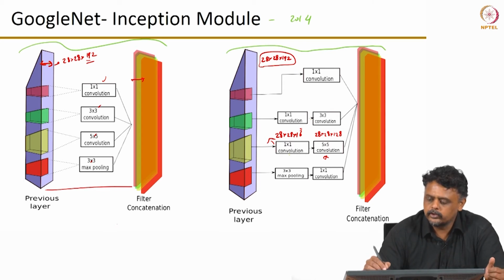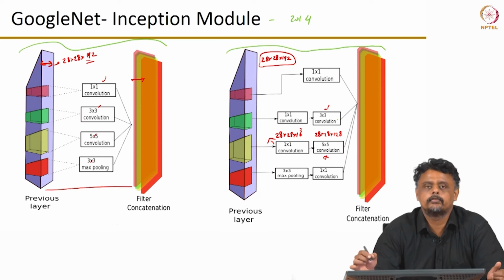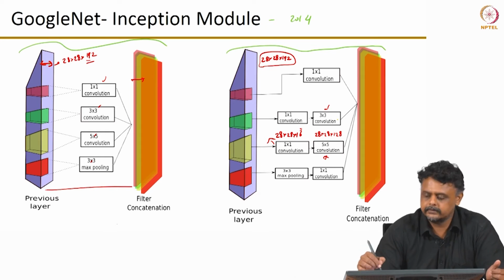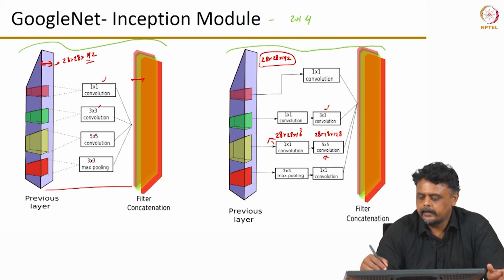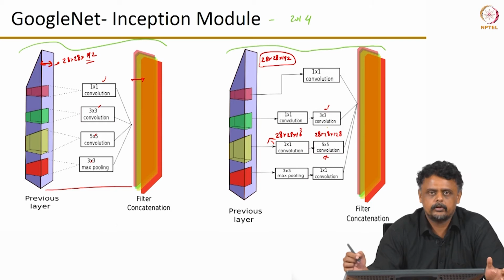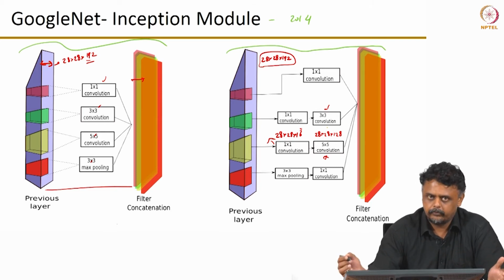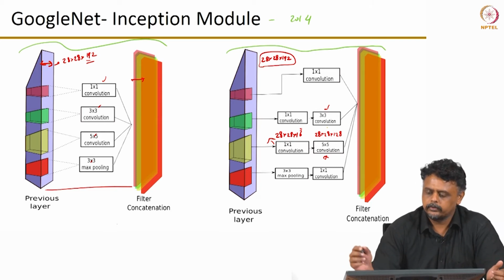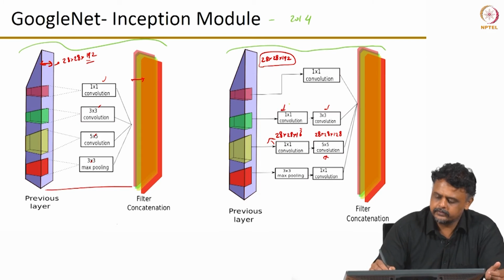So the 1 cross 1 convolutions are applied prior to the convolutions with larger filter sizes. The 1 cross 1 projects the input volume to a smaller dimension, and then subsequently you use 3 cross 3 convolutions to put them back. This is what is now referred to as bottleneck layers.